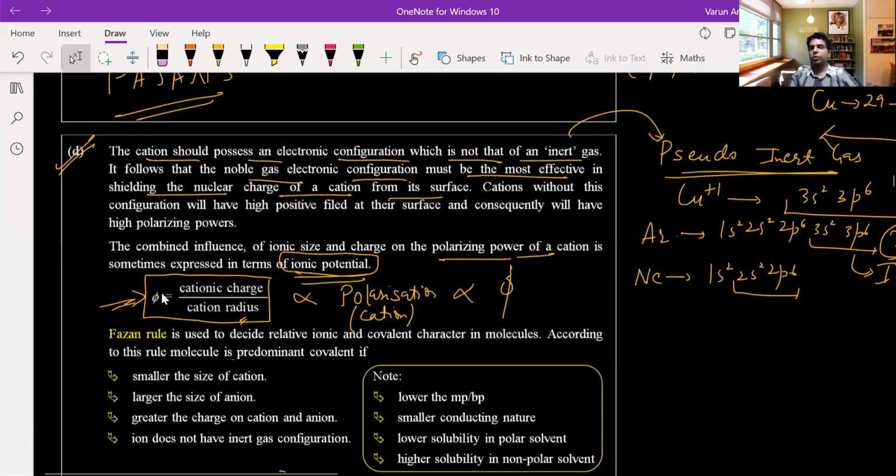So cations with pseudo inert gas configuration will have high positive field at their surface and consequently will have high polarizing power and more covalent character.